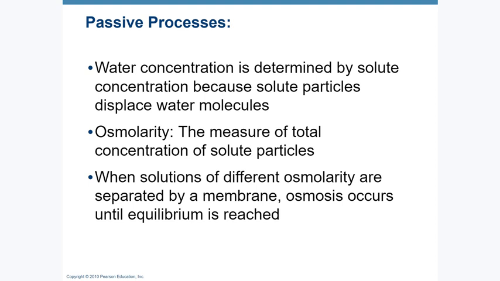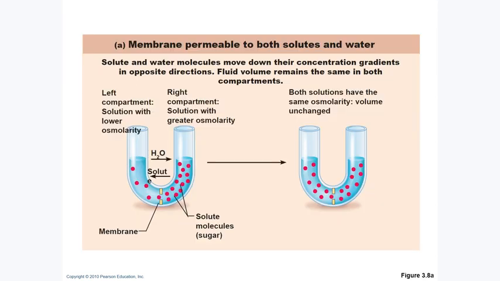So osmolarity is the measure of total concentration of solute particles. When solutions of different osmolarity are separated by a membrane, osmosis occurs until equilibrium is reached. So we either have an isotonic, a hypertonic, or a hypotonic solution. You can see here a membrane permeable to both solutes and water.